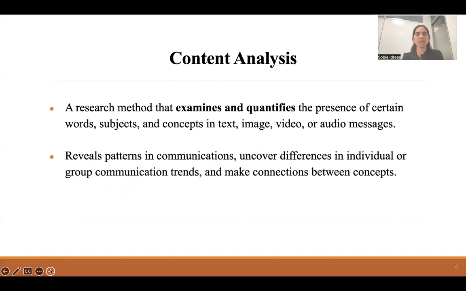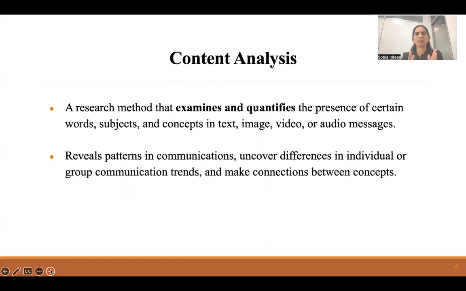Content analysis is a method of doing qualitative data analysis that examines and quantifies. The two main important concepts are that the researcher examines and then quantifies. Quantify means looking at the frequency, the number of times a word is said by the participants.